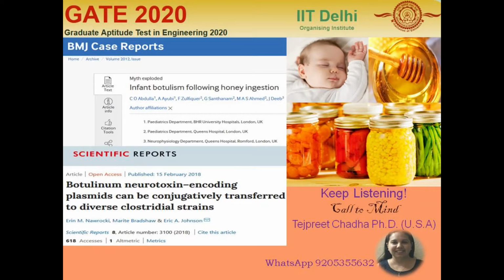So it's a gram positive, rod shaped, anaerobic, spore forming motile bacterium, and it has an ability to produce a neurotoxin which is botulinum. They owe their virulence almost entirely to their toxigenicity.